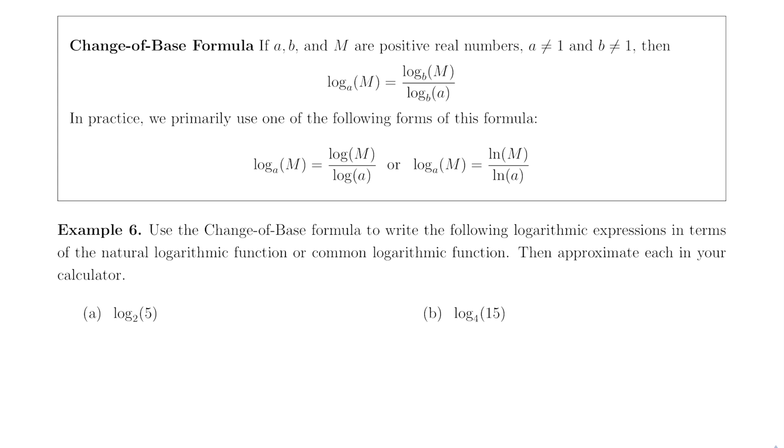Now how are you going to do that if you only have logarithm to the base 10 or e available? Well, that's where the change of base formula comes in.